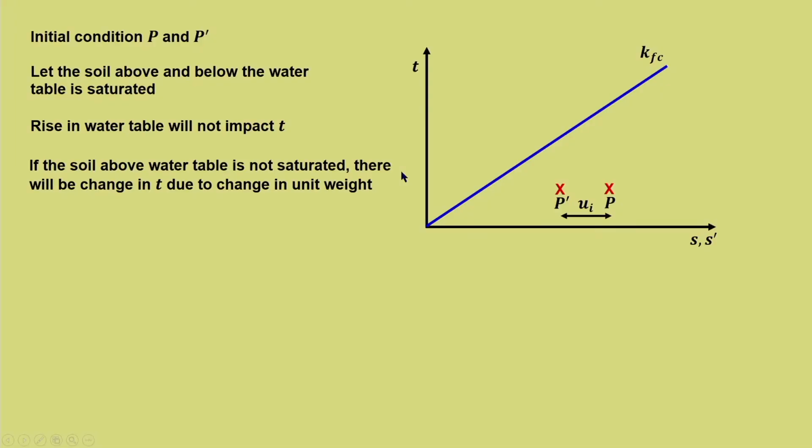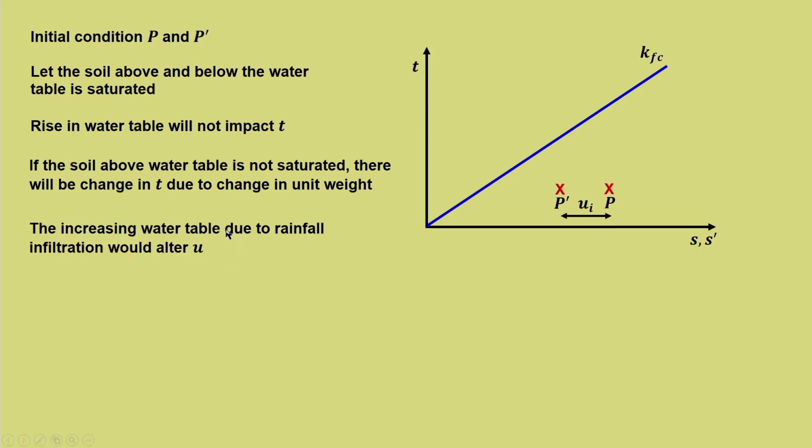So, when you are calculating T, you know that it is governed by unit weight. So, if it is not assumed to be saturated, then it will change. If the soil above the water table is not saturated, there will be change in T due to change in unit weight as the soil starts saturating because of the infiltrating rainwater.